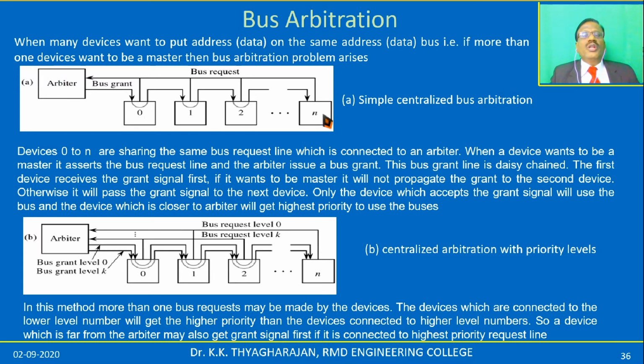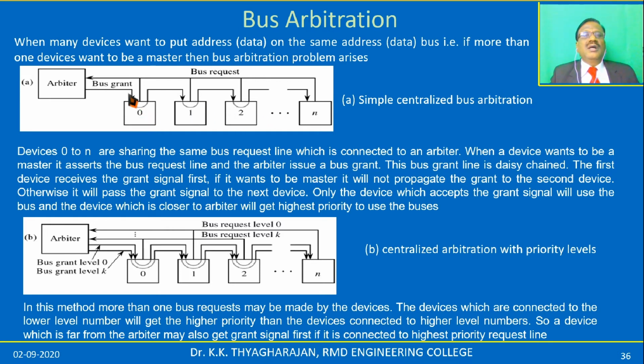If any one of these devices wants to be a master, it will request through the bus request line, and the arbiter will send a bus grant line. That bus grant line will pass through these devices in a daisy chain.